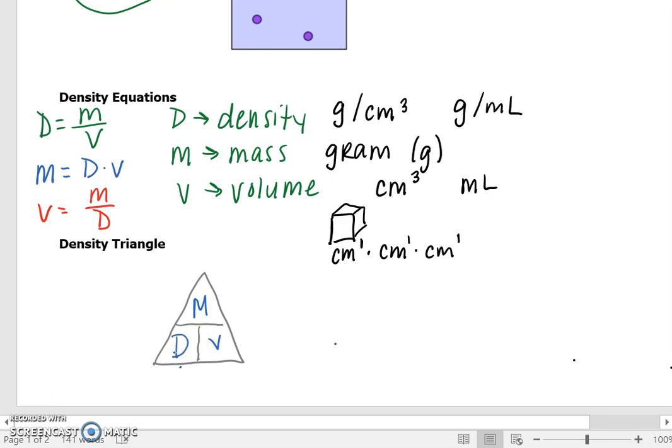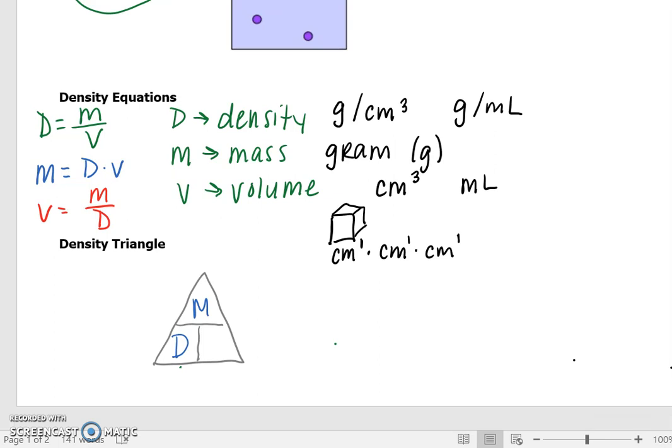If I was solving for mass, for example, then you can see that the D and the V are next to each other, which we would multiply, and that's where we get the equation for mass. And last but not least, if we have volume that we are solving for, you can see that we have M over D, which we would divide.